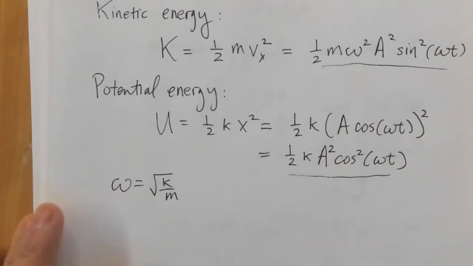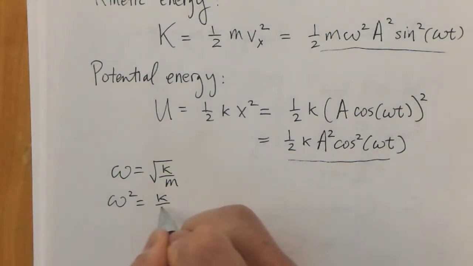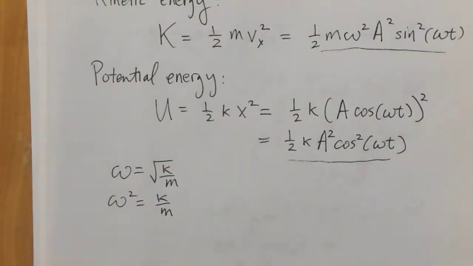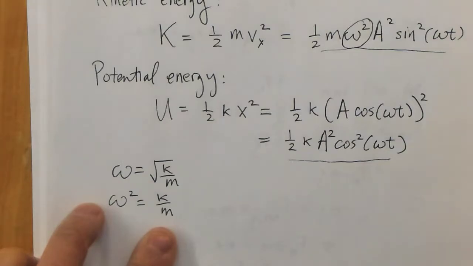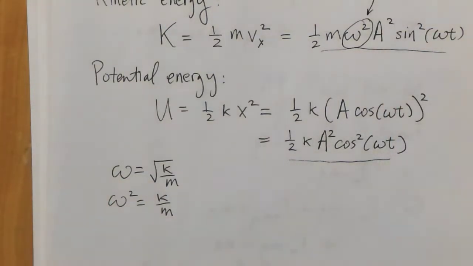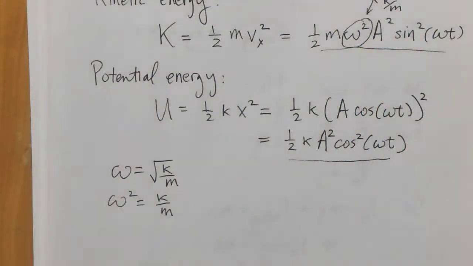And so omega squared is k over m. Let's do it backwards from what I did in my notes, just to keep me on my toes. So omega squared is equal to k over m.